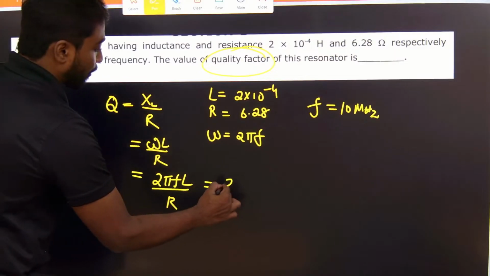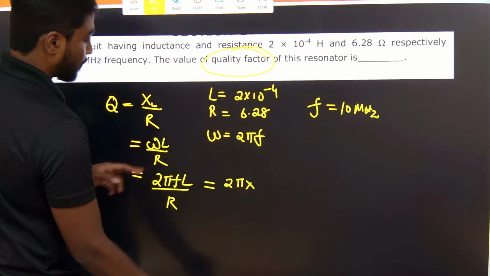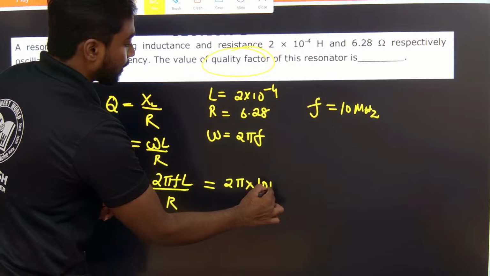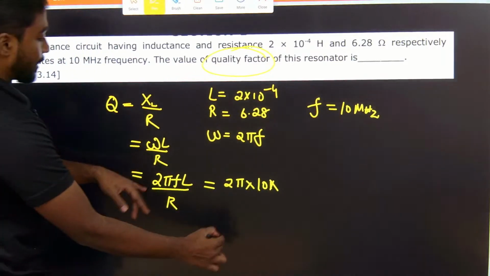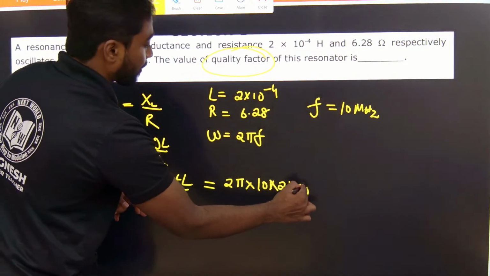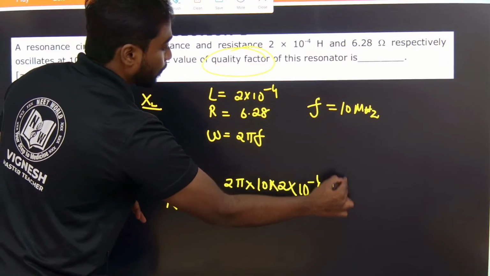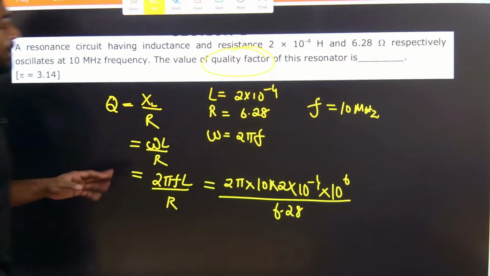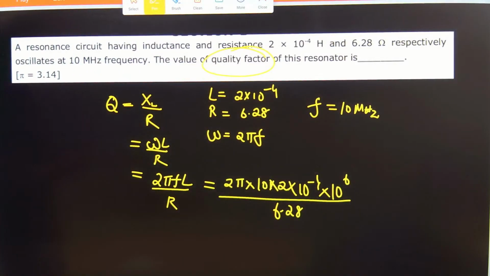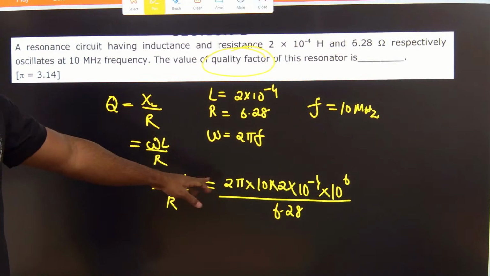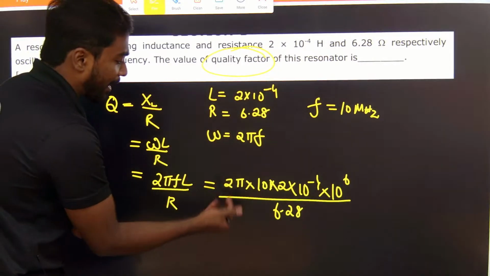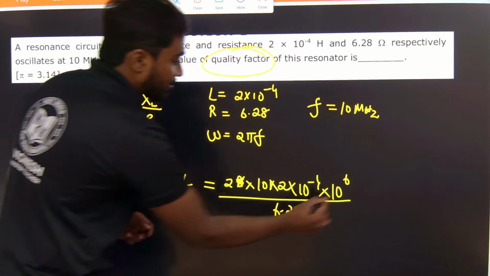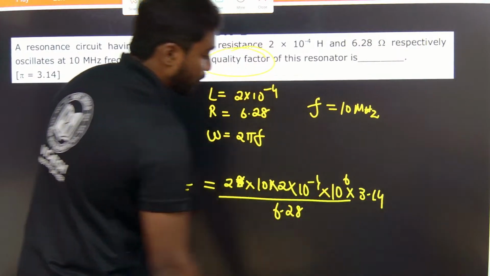So the answer will be 2 pi into f, which is 10 into 10 power 6, into L, which is 2 into 10 power minus 4, divided by R, which is 6.28, and you will get the answer for this question. Only the calculation I need to do. So 2 pi, can I take pi as 3.14, so that I can cancel it out?